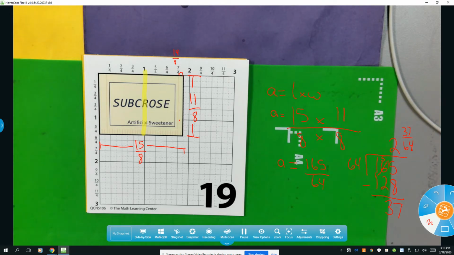You could have had 165/64ths or 2 and 37/64ths. It's the area. Now remember, area just means how many square units. Okay, so it has 2 whole square units, which would be the amount.